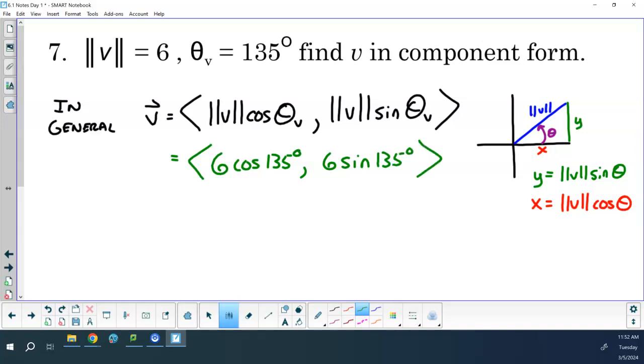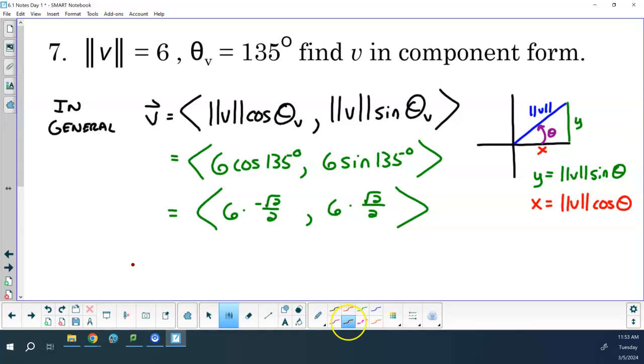Now, because 135 is on our unit circle, we expect it to be exact. Unit circles, exact. Non-unit circles, you can round. Okay? So the cosine at 135 is negative root 2 over 2. The sine is the square root of 2 over 2.